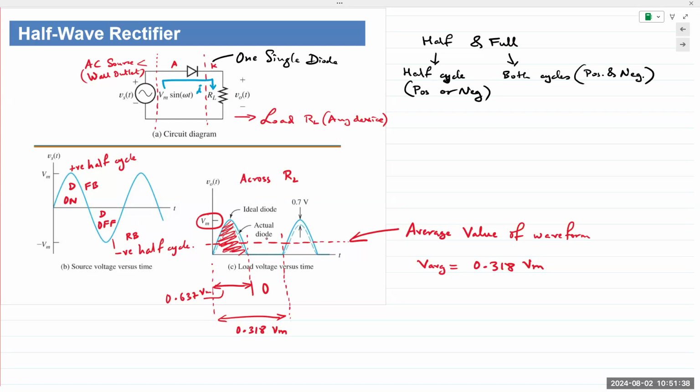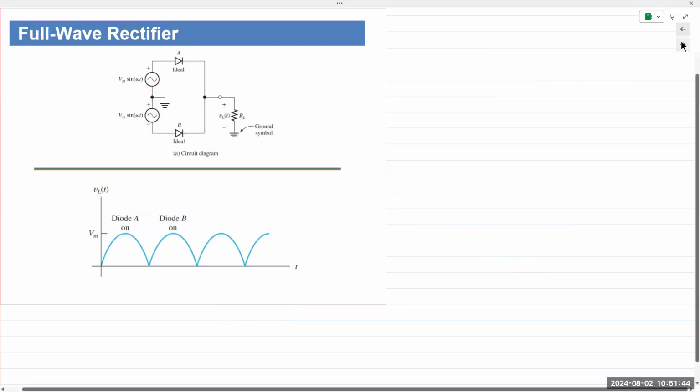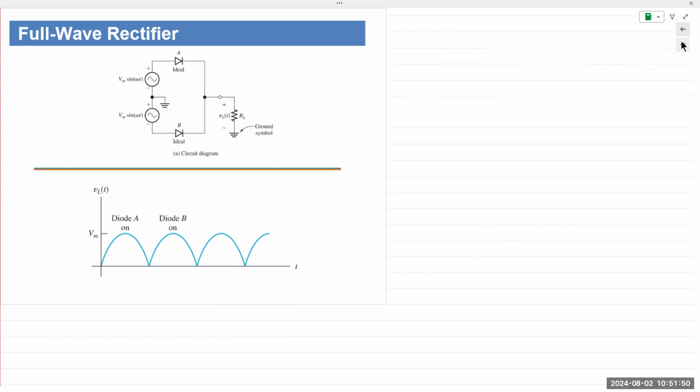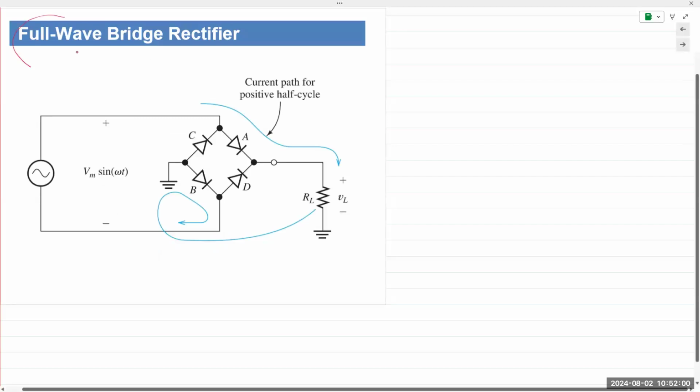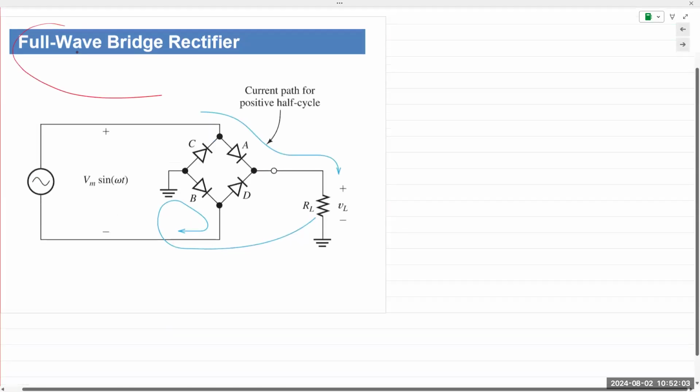Question? All right, well then let's move into a full wave rectifier and let's see what happens. So in a full wave rectifier, there are two kinds. This shows what is known as a center tap full wave rectifier. And this is the most common one, the bridge rectifier.